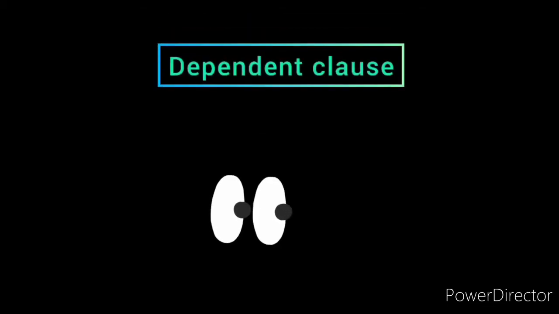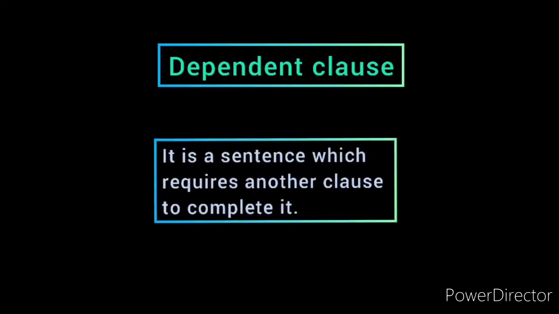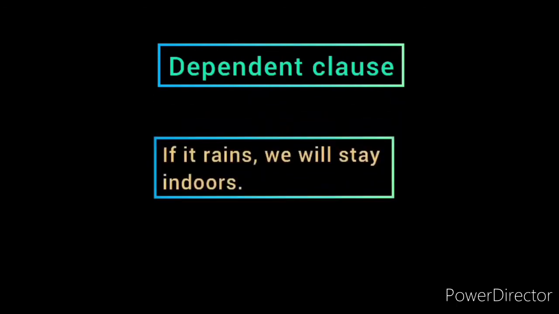Now, students, let's understand what is dependent clause. Students, dependent clause is a sentence which requires another clause to complete it. As you have read, independent clause does not require any other clause to make complete sense, whereas dependent clause requires another clause to make complete sense.